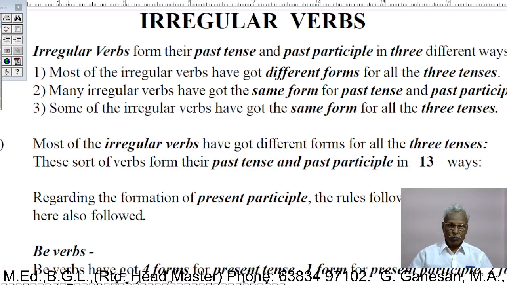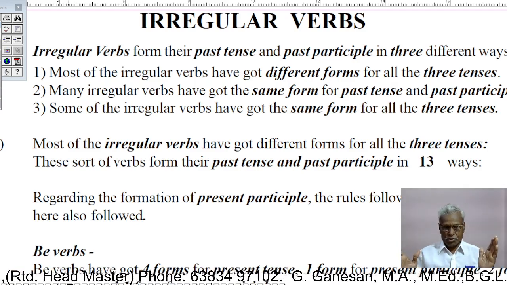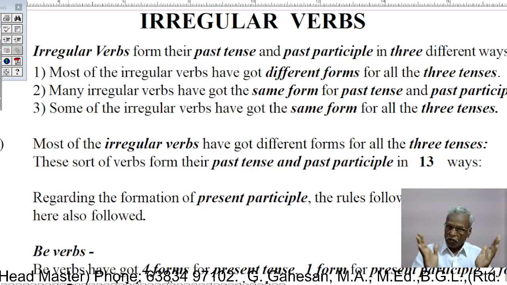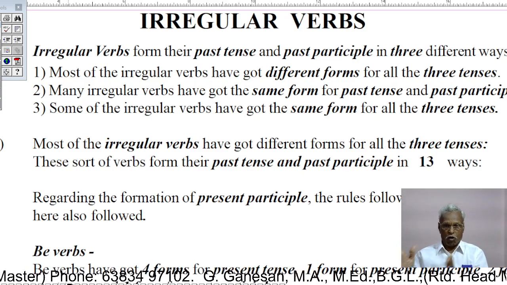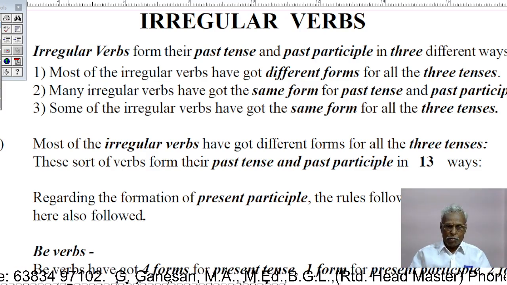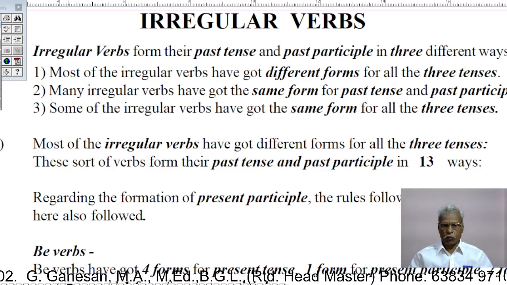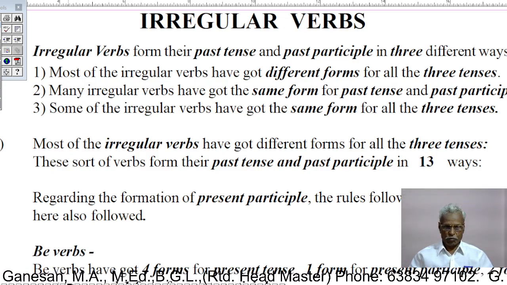That is, irregular verbs having different forms for the three tenses, present tense, past tense and past participle, having different forms for these three tenses.